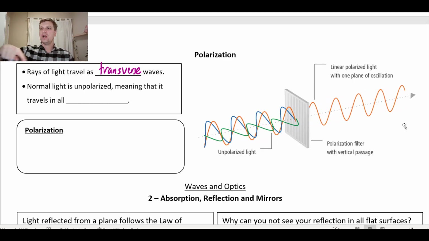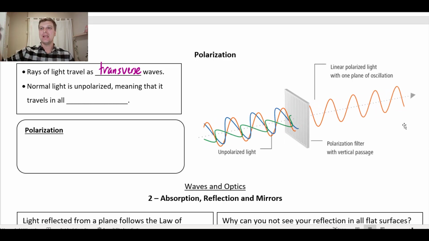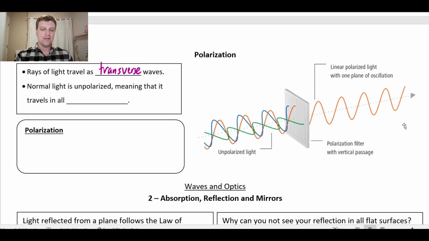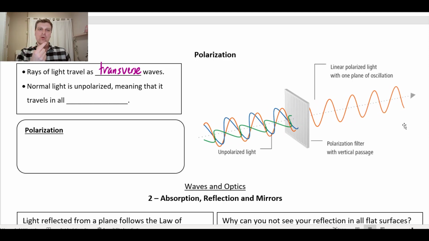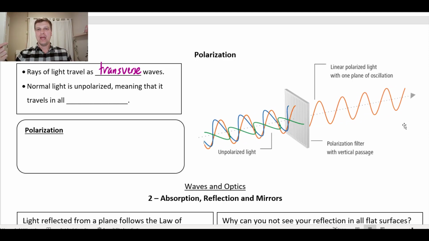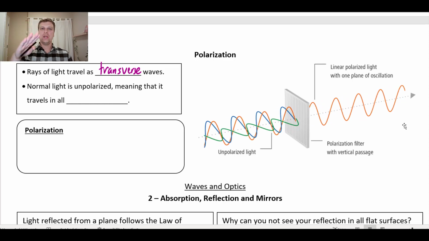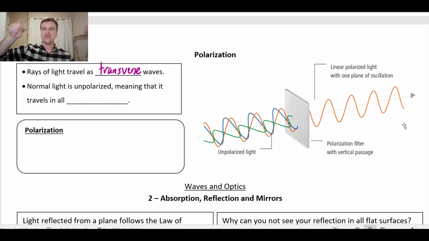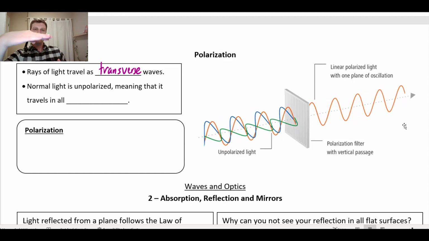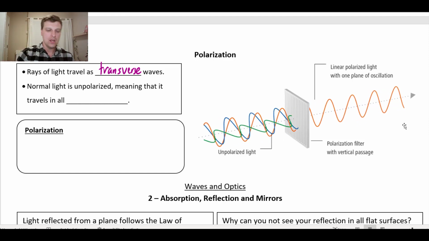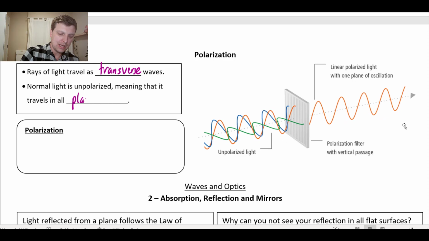You might think of a transverse wave as going up and down, but like you can see here from this little graphic, it could be going up and down, or it could be going in and out of the page, or it could be going at some angle in between. So unpolarized light is traveling in all different planes all the time. It's going this way and this way and this way and everything in between. So it travels in all planes.